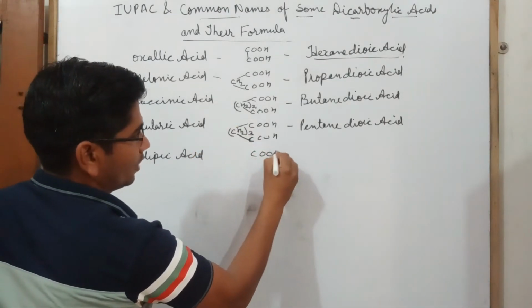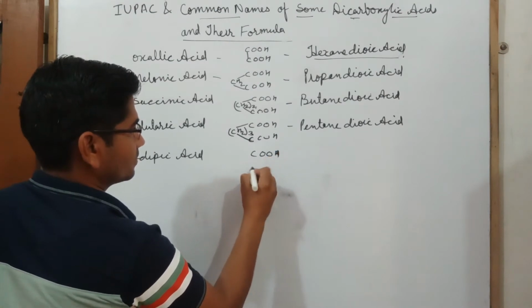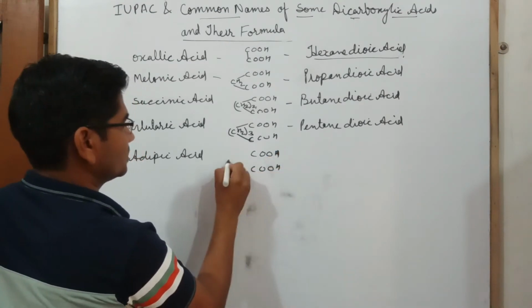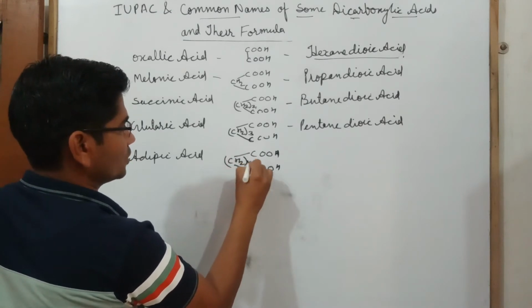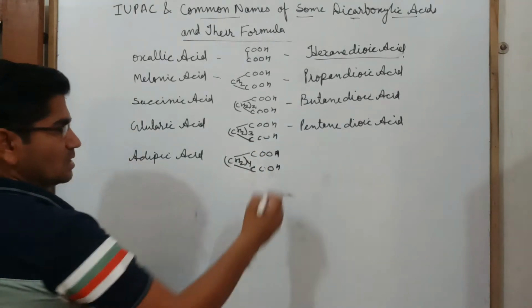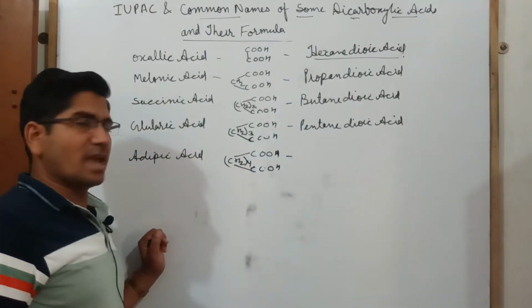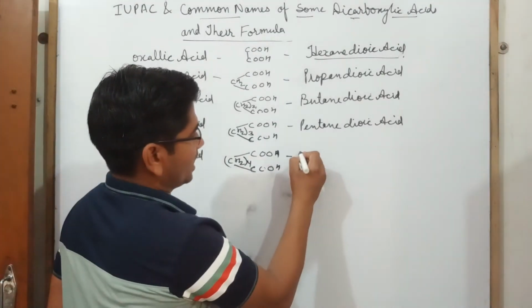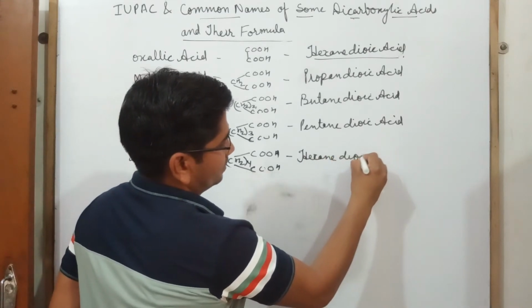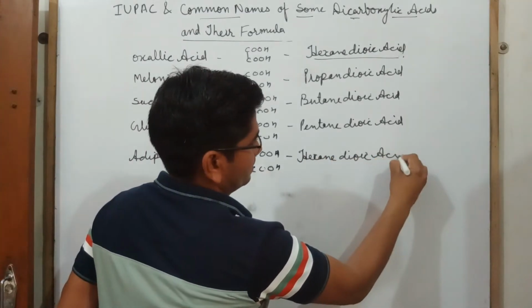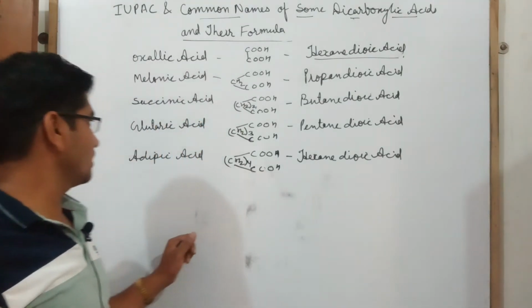So COOH and COOH, with 4 CH2. Total number of carbons is 6. So the IUPAC name of adipic acid is hexane dioic acid. Clear?